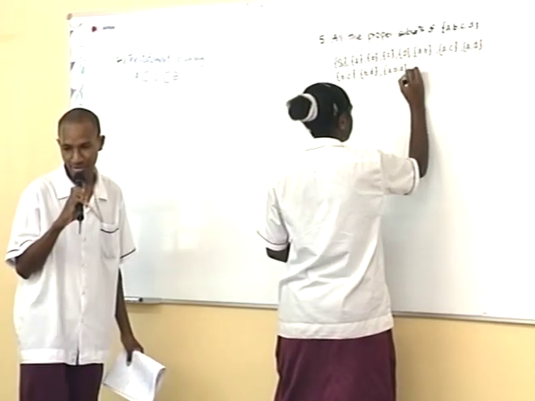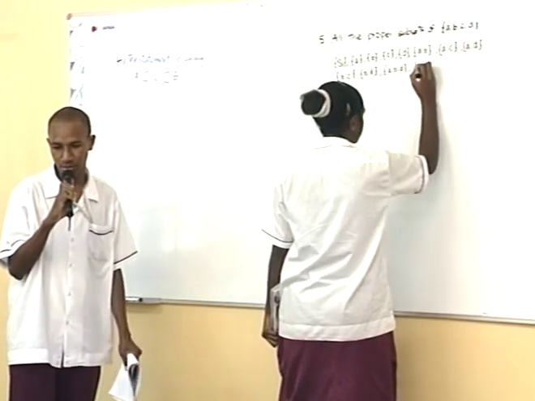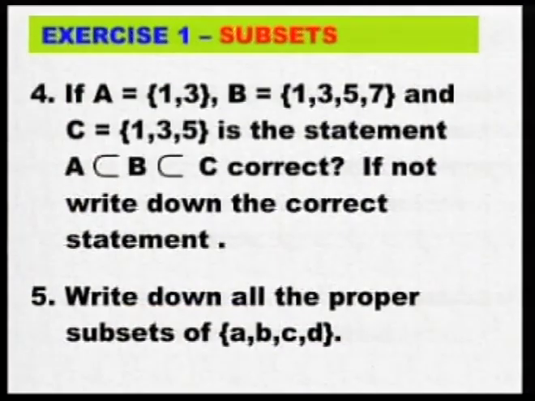Question 4 reads, if A is equal to the set 1, 3, B is equal to the set 1, 3, 5, 7, and C equals the set 1, 3, 5, is the statement A is the subset of B, which is the subset of C, correct? If not, write down the correct statement.